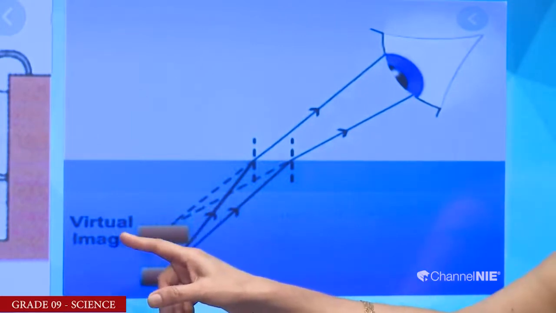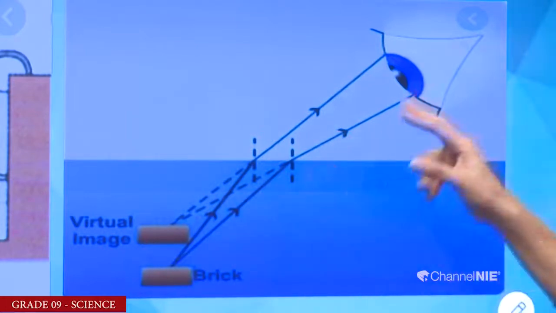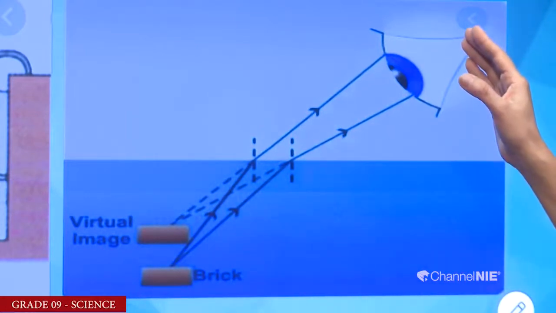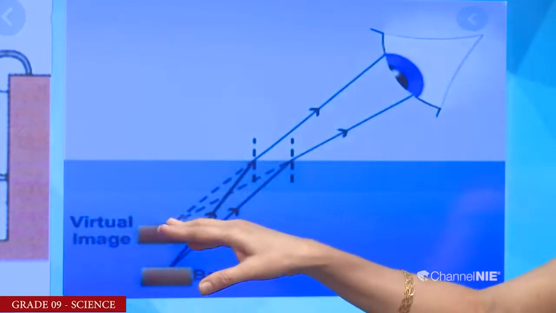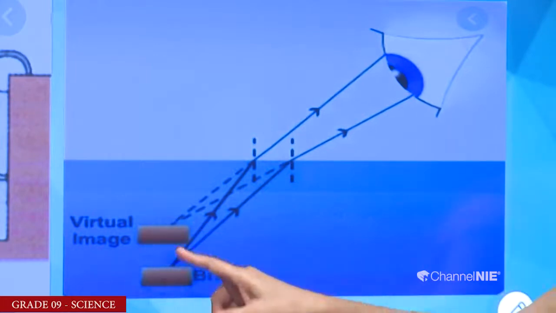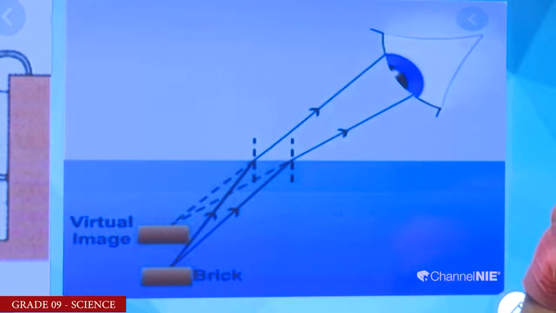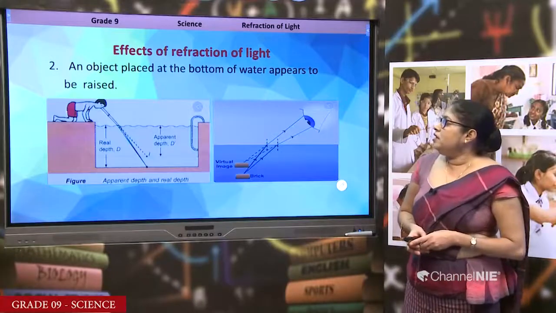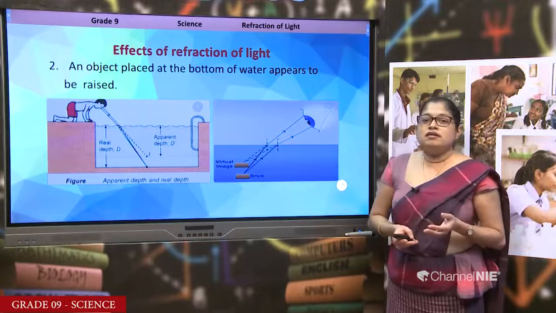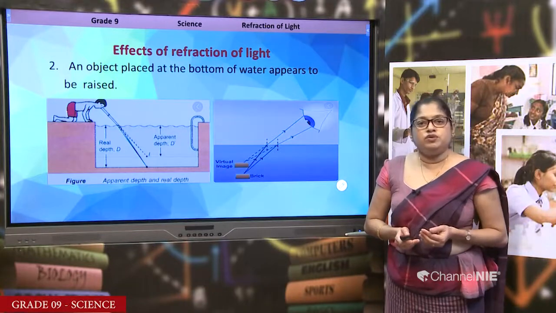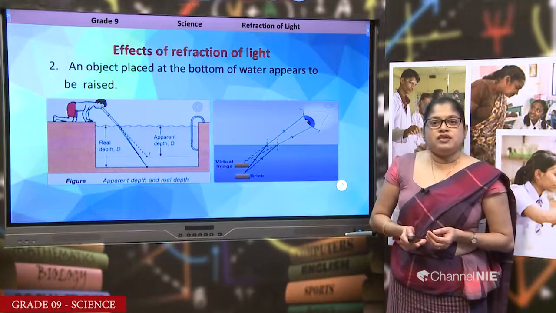We call it a virtual image. The one above the water surface can see the image here, but the object is not here, it is somewhere below that. This is what is called raising of objects when you observe through water, due to refraction of light.